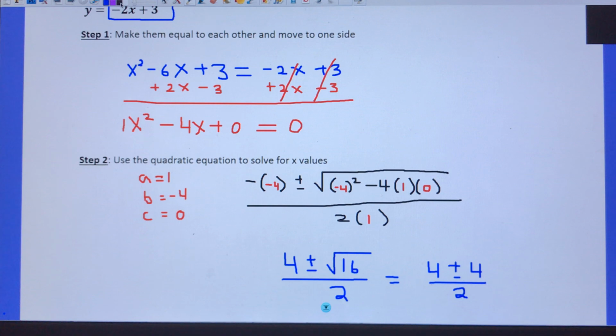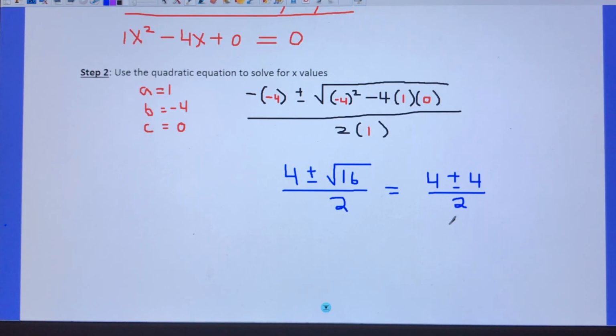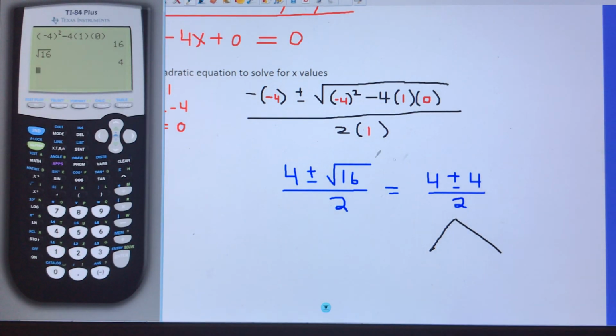Remember I showed you that this is one of those fractions where you're going to have two answers because of that plus or minus. I'm going to go to my calculator and do my plus answer first. You have to do 4 plus 4, enter. If you don't put enter, you're going to get it incorrect. Don't do 4 plus 4 divide by 2.